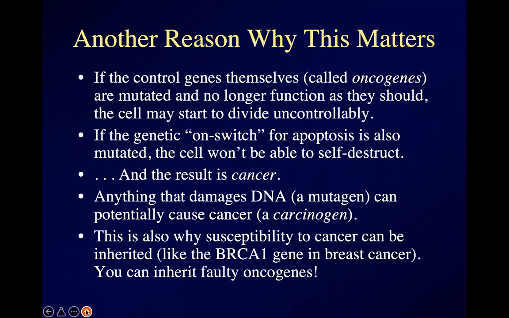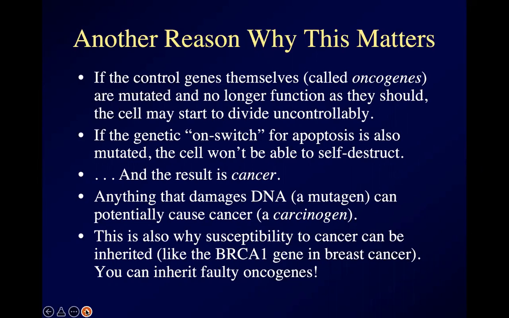Here's the thing. I started this whole mess by talking about mutations. There are some genes where if they're mutated, they no longer are able to promote or repress the other genes that they're supposed to, and you can get these cascading effects that can end in very severe birth defects. Another reason why this matters is that the control genes that basically determine when a cell divides are called oncogenes.